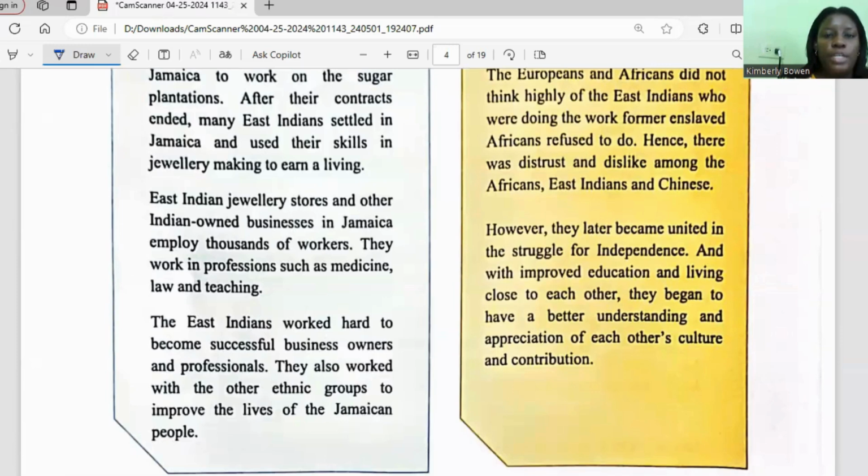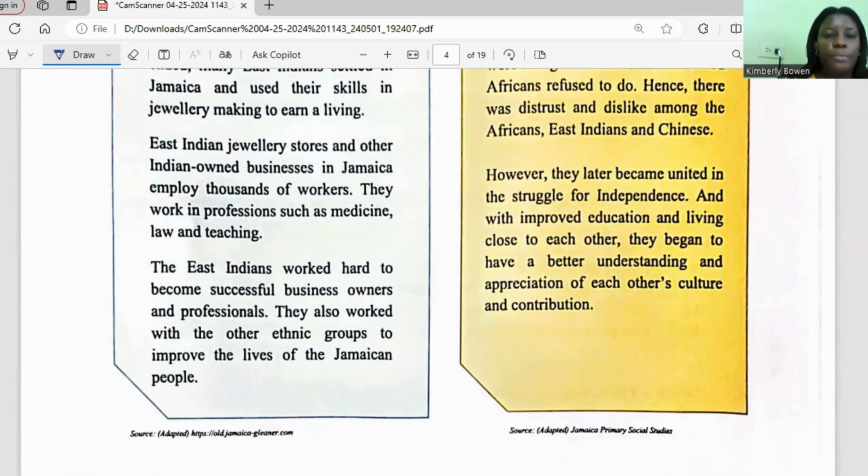East Indian jewelry stores and other Indian-owned businesses in Jamaica employ thousands of workers. They work in professions such as medicine, law, and teaching. The East Indians worked hard to become successful business owners and professionals. They also worked with the other ethnic groups to improve the lives of the Jamaican people.